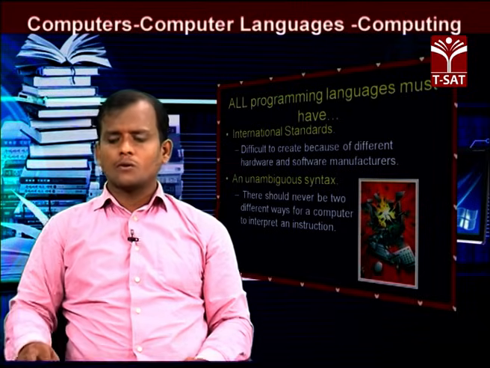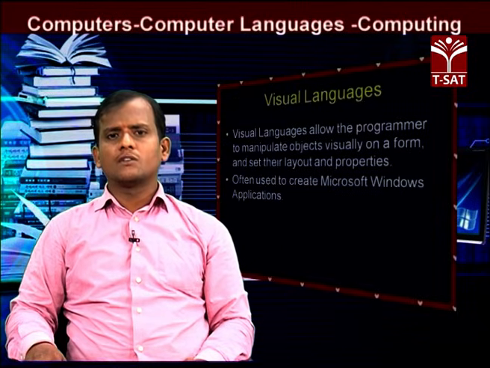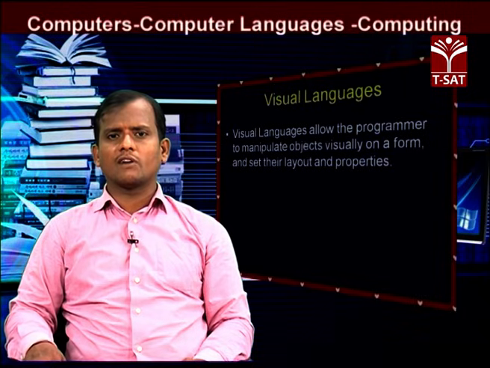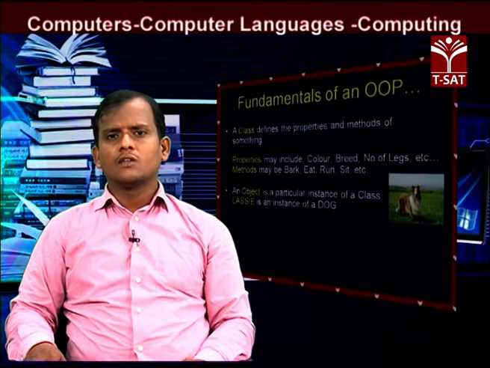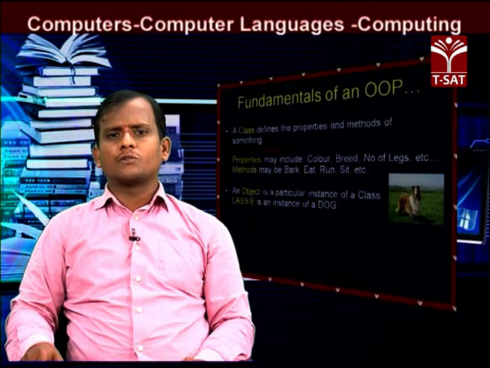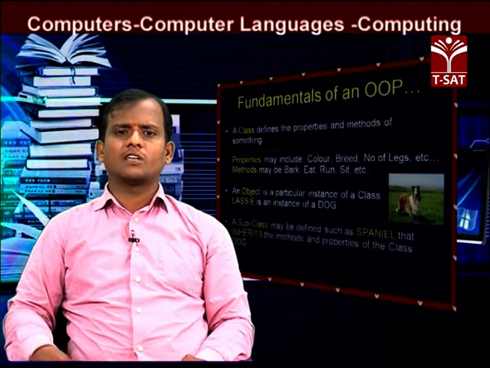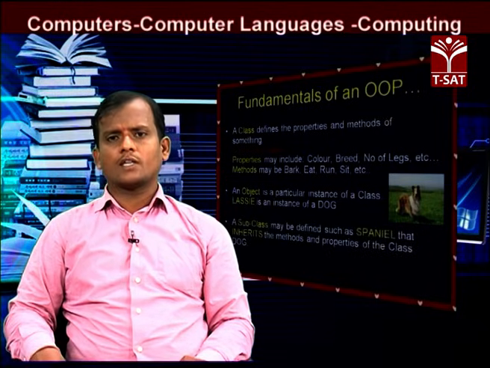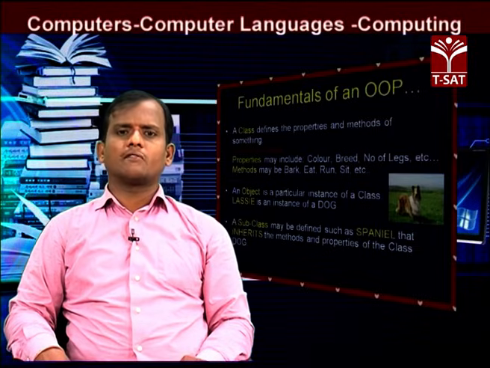Okay, so we saw in the previous slides the machine level languages and the high level languages. In that, for example, a famous high level language is OOPS, object oriented programming language.